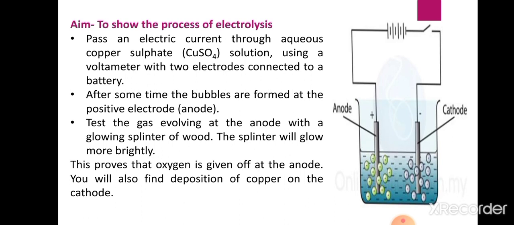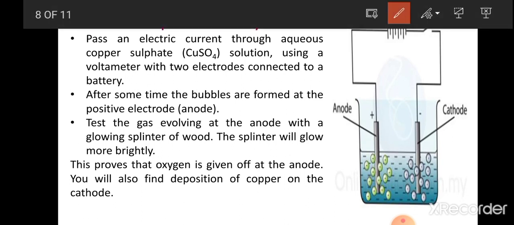Aqueous means the copper sulfate solution is prepared with water. It is kept in this electrolytic cell, and you can see that two electrodes, anode and cathode, are present and attached to a battery.